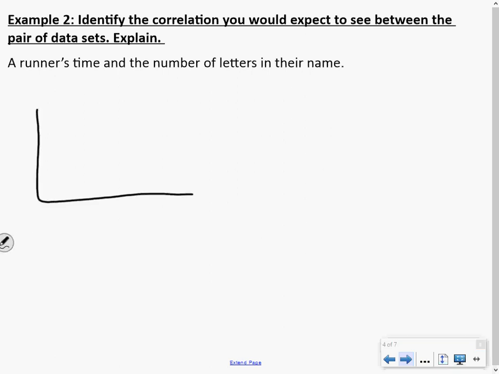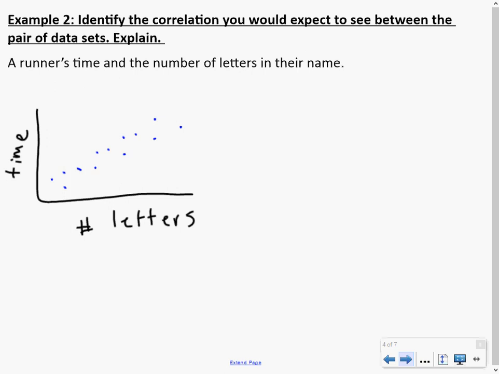If I had my graph with the number of letters on the x-axis and their time on the y-axis, a positive correlation would look like this, meaning as the number of letters in a person's name increases, their time also increases.